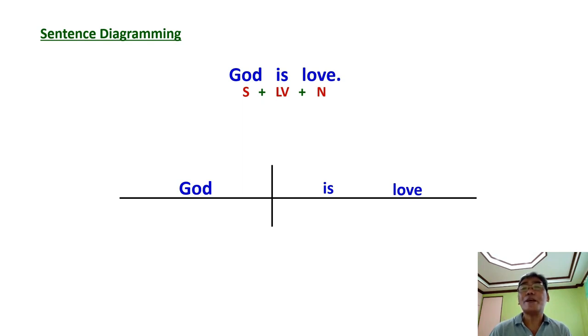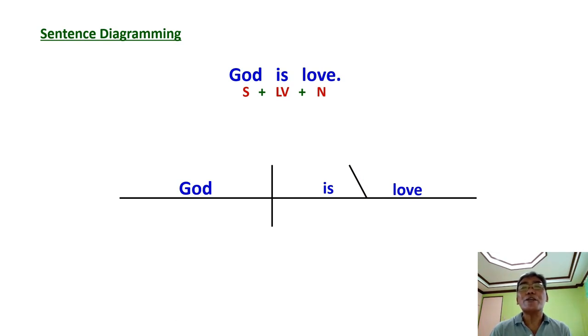We have to separate these words with a slanting line. This slanting line shows that the predicate noun love is closely related to our subject, God. So we need to separate is from love with a slanting line.